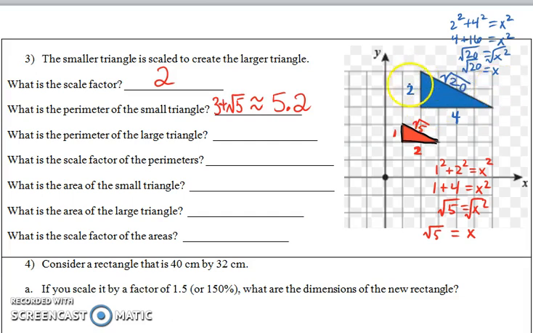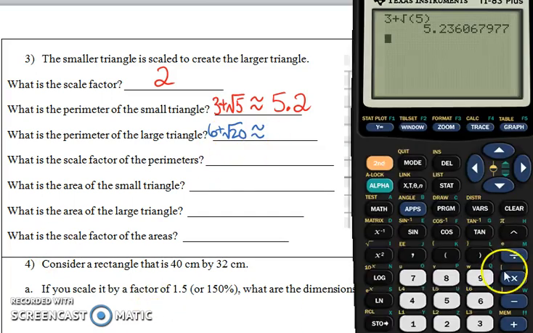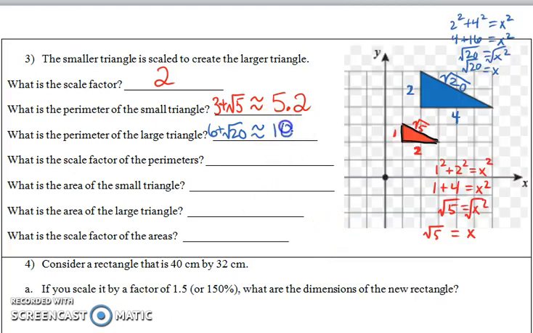When I add that all up, 4 plus 2 is 6. 6 plus root 20. And I want to write that as a whole number, so going to my calculator, 6 plus the square root of 20 gives me about 10.4.